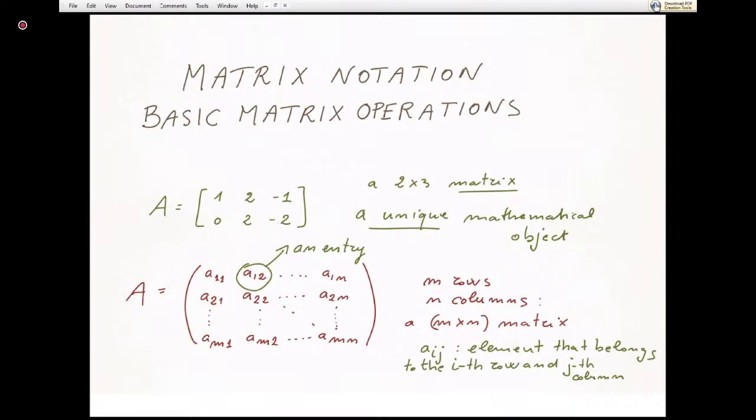So look at matrices as ordered sets of vectors, either rows or columns, not just as an array of numbers.